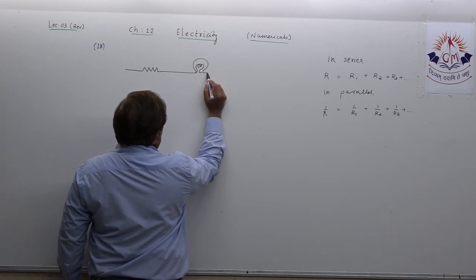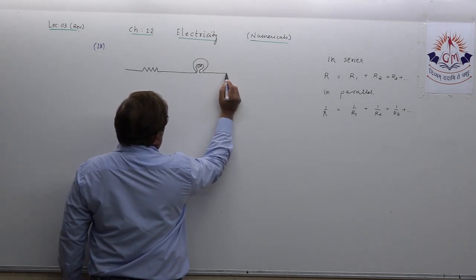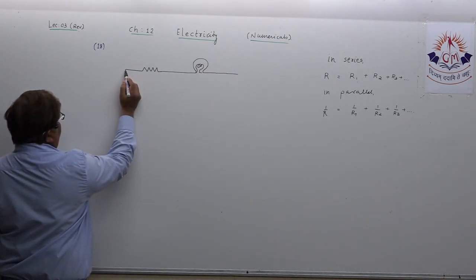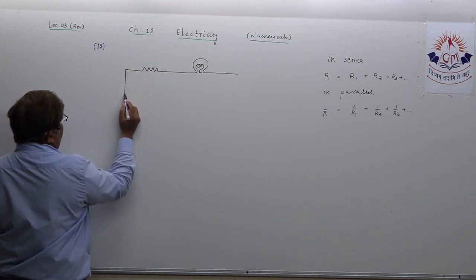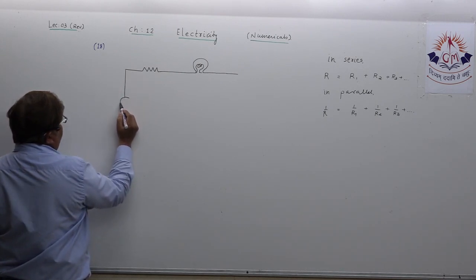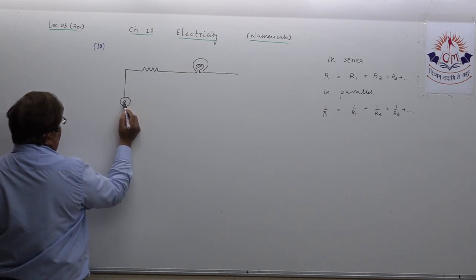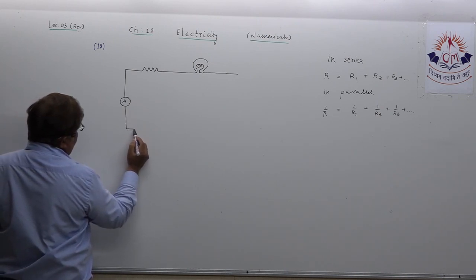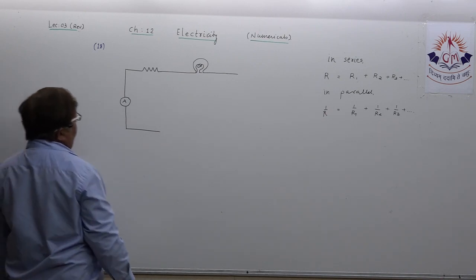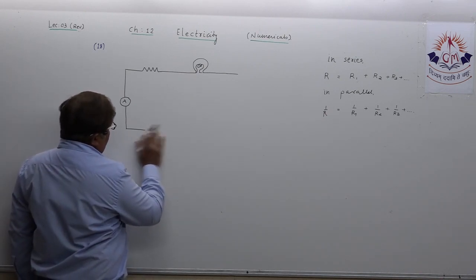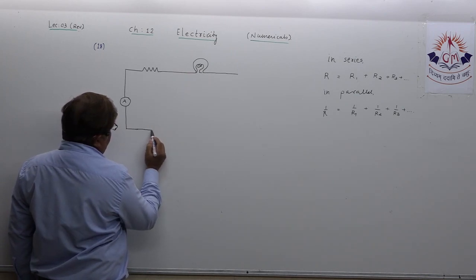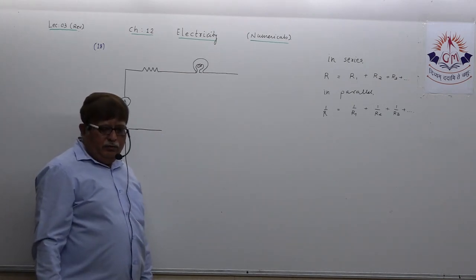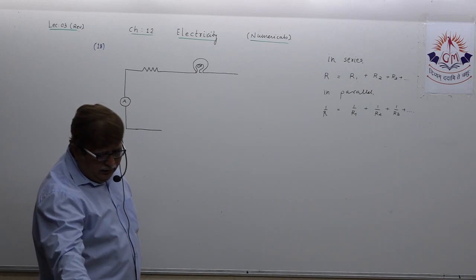So two resistors are already shown, and then, dear student, you have to show a meter. Even if it is not mentioned, you develop the practice of showing at least a meter.